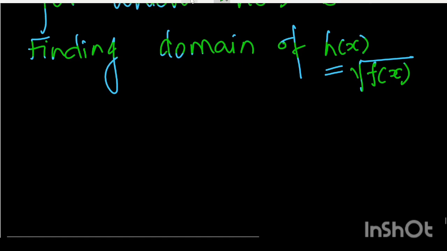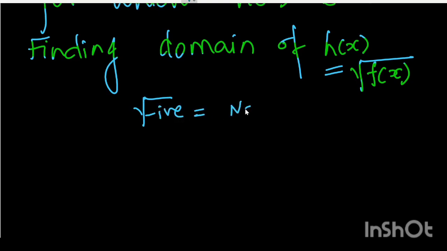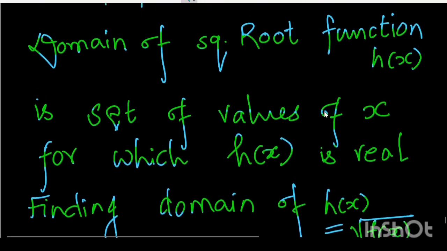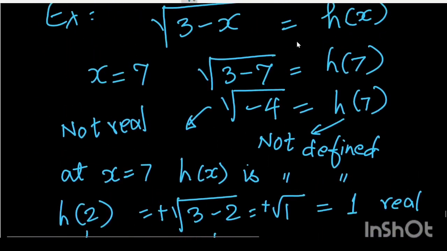Since we know that if the thing under the root is negative, it is non-real, because we substituted in the previous example x equals 7 and got under root of a negative number, which was not real, or we can also say that it was not defined.